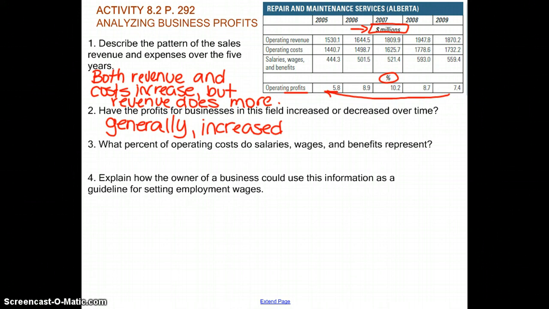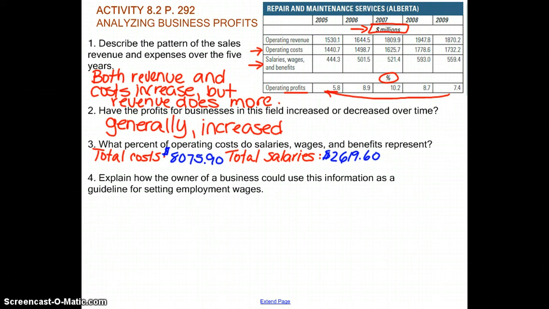What percentage of the operating costs do salary, wages, and benefits represent? So in order to figure this out, we need to figure out our total costs and our total salaries. This comes from adding up all the costs here and then adding up all the salaries. You'll get these totals. Now to figure out the percentage, we need to divide the total salaries into the total costs.